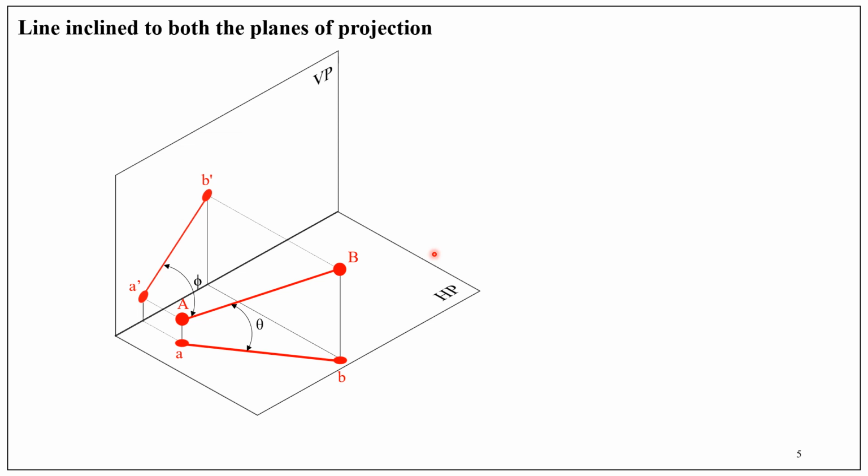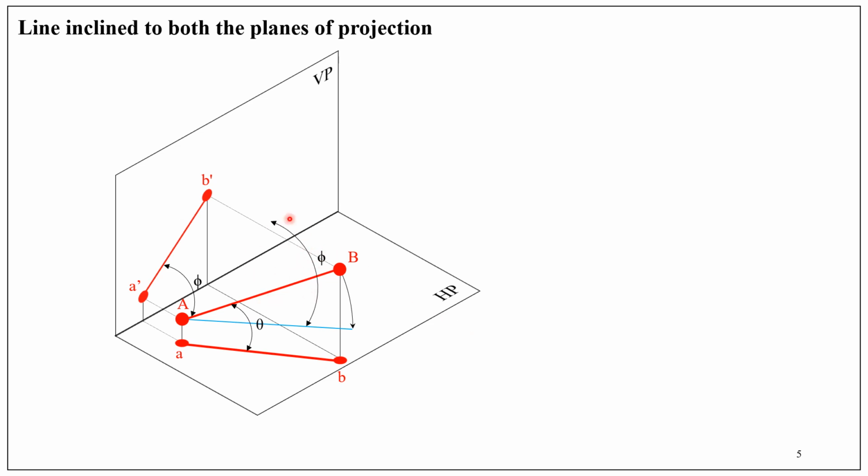Now assume the line AB is rotated about A in clockwise direction. This is the direction of rotation. In this position, the line becomes parallel to HP. Join A and the new position of B. While doing so, the angle of inclination of the line with VP remains the same.